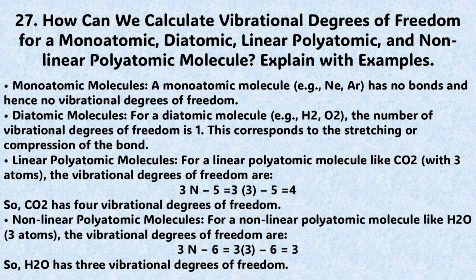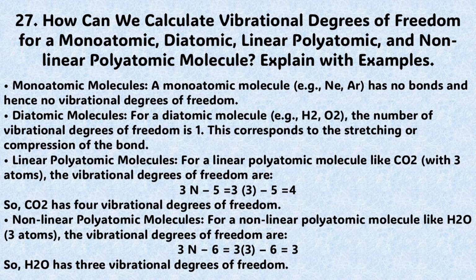Now we will move to question number 27. How can we calculate vibrational degrees of freedom for a monoatomic, diatomic, linear polyatomic, and nonlinear polyatomic molecule? Explain with examples. The answer to this question is very simple.